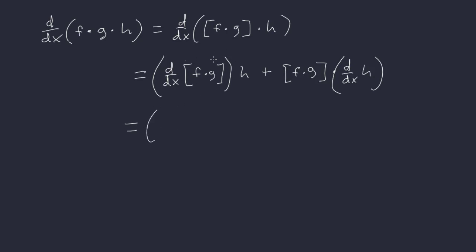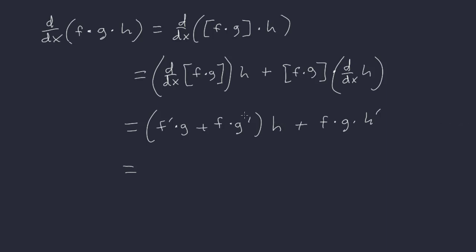So this, in the big parentheses here, well, the product rule is going to be f prime times g plus f times g prime. And this whole thing is times h. Then I'll plus, well, this is just f times g times h prime. All right?